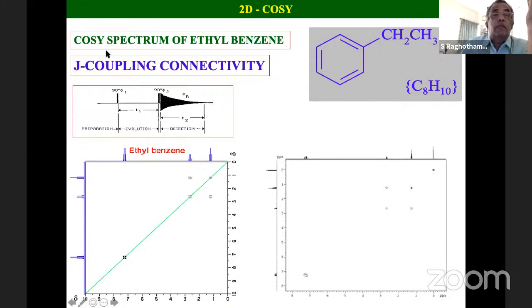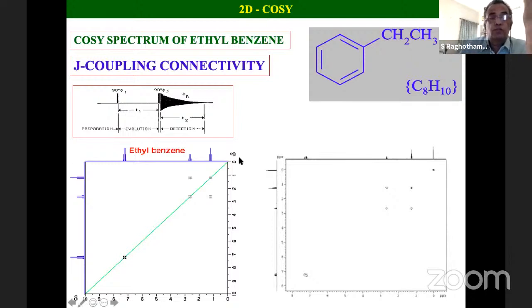Now, this is a COSY spectrum, or correlated spectrum, and now they're correlated by the J coupling. As I said, there are 2 pulses, there is this preparation period, and there is this evolution period, and this is the 90 degree mixing pulse, and eventually you detect it. Now, I have taken the sample ethyl benzene, very regularly used.